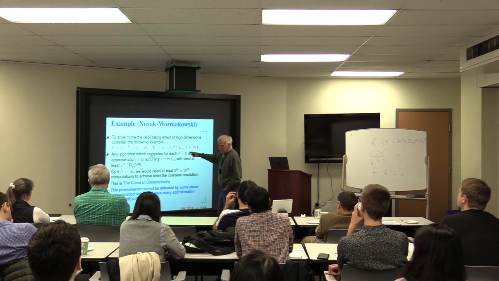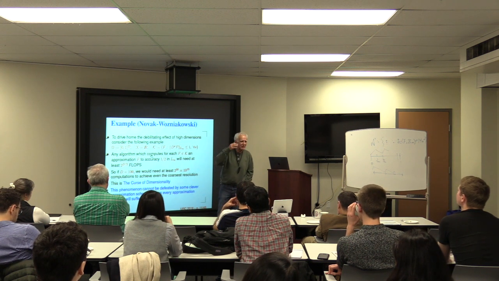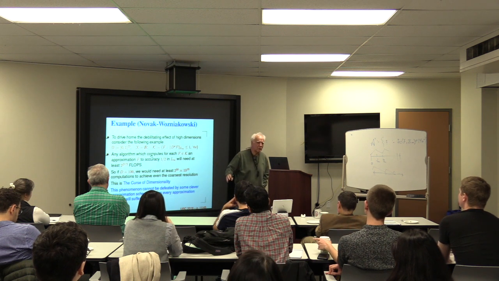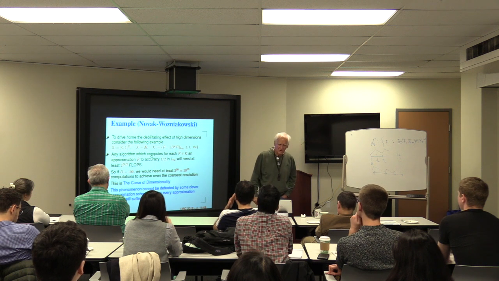So you're not going to avoid this curse by being lucky and having a very smooth function. That isn't going to do it. Smoothness is not the answer in high dimensions.